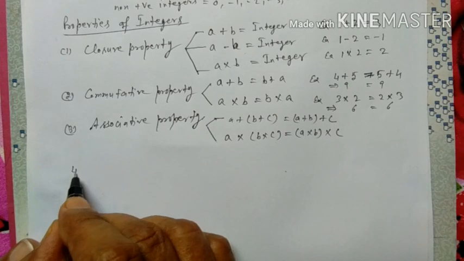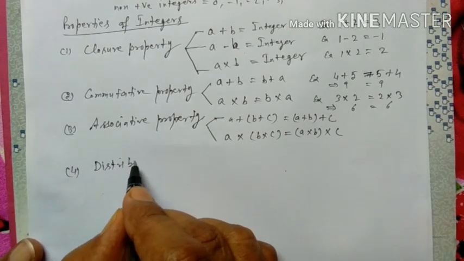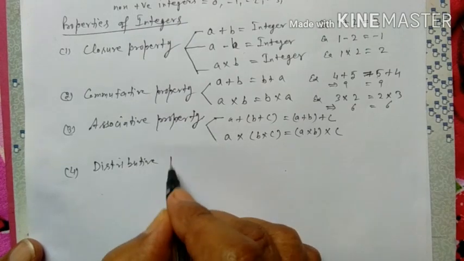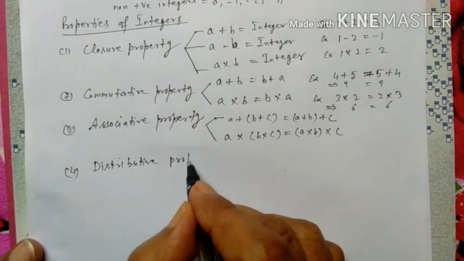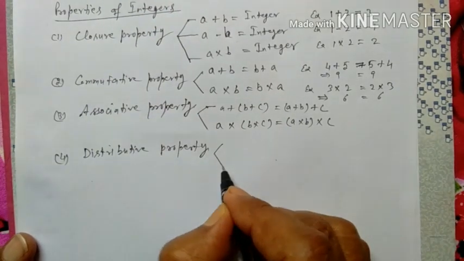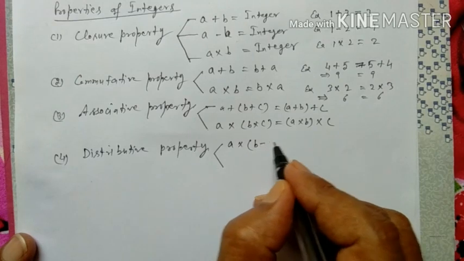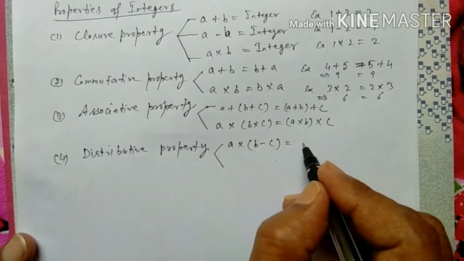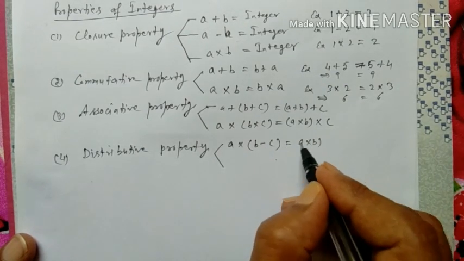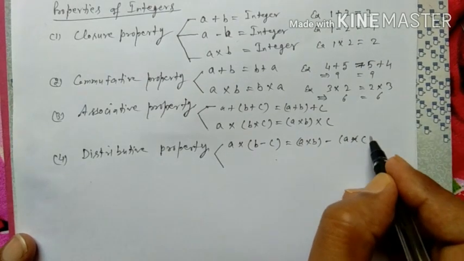Fourth property, distributive property. When you multiply a into b minus c, it becomes a into b minus a into c.